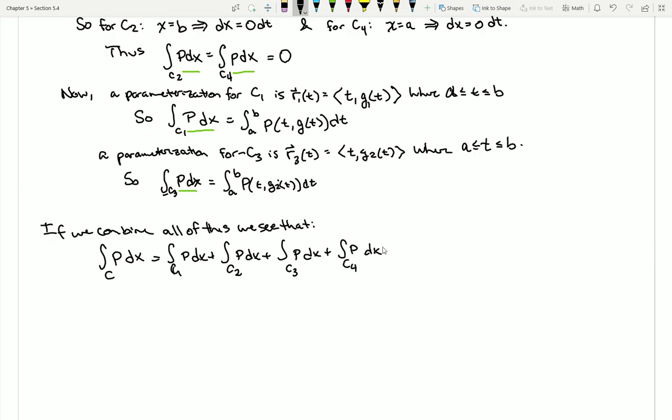But of course, since I found what each of these things are, I can go ahead and start to substitute them in. I know that the C4 and the C2 will turn into 0, and I know that for the C1 and the C3 I should be able to substitute in some stuff.